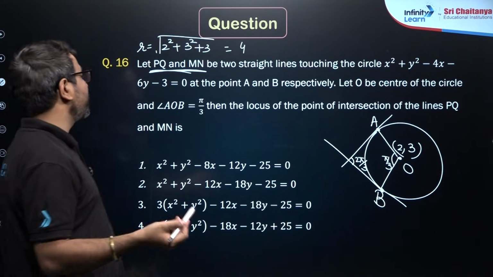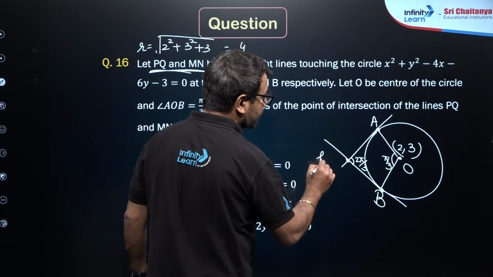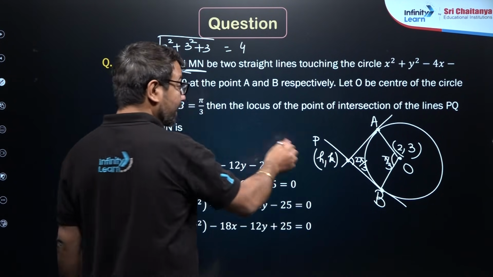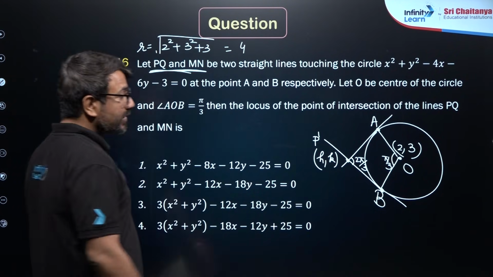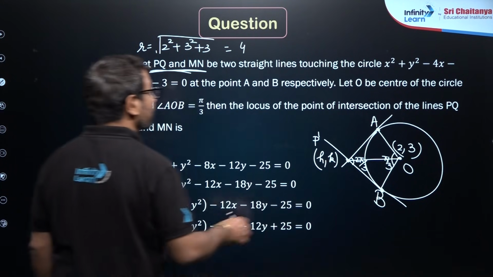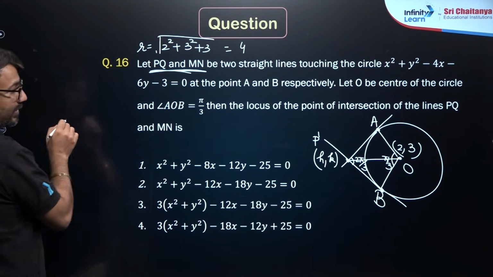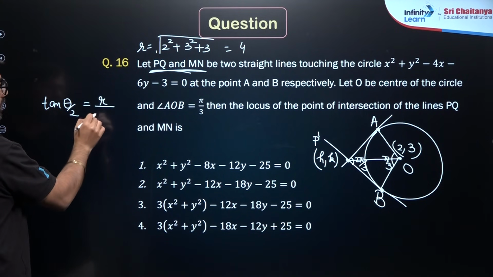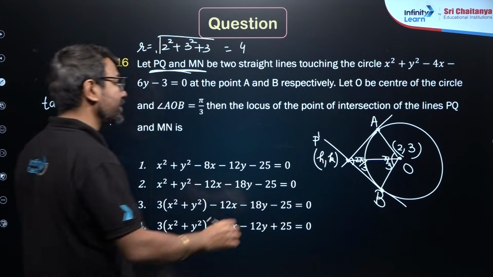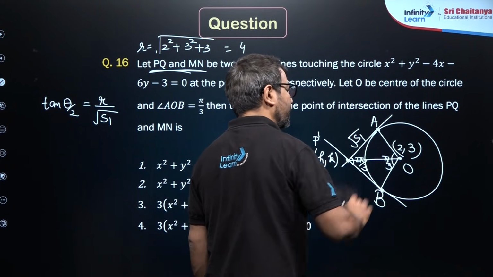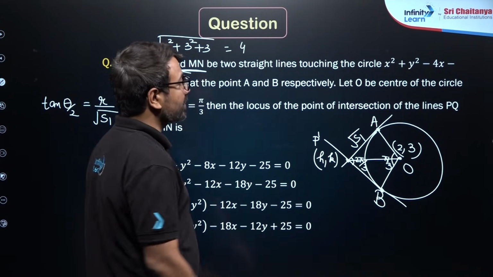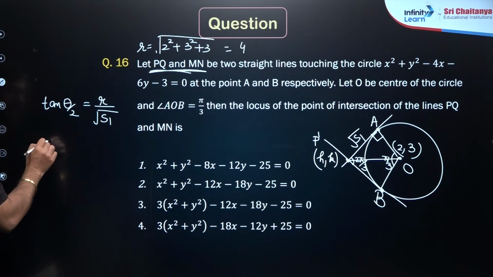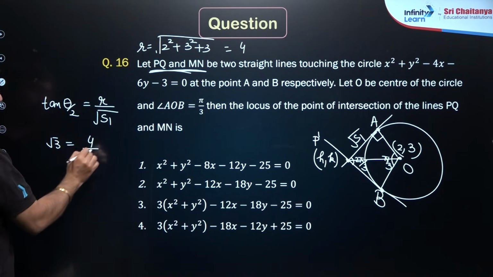Then the locus of the point of intersection of PQ and MN. So the locus is this point (h, k) basically. Let's say this is a point P dash. Now my dear students, I'll apply the concept that for half of this angle, tan theta by 2 is equal to R over square root of S1, because this distance is square root of S1 and this is R. The radius is perpendicular to the tangent. So tan 60 is root 3, r is 4 and root over S1.